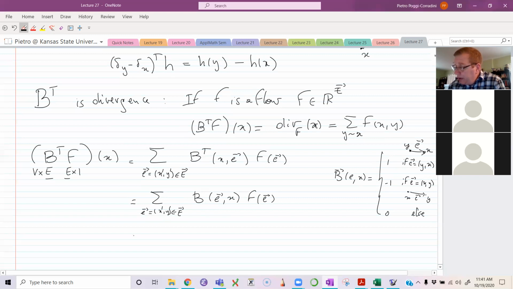So in fact, you're going to get a +1 every time it points to X, and -1 every time it comes out of X. So actually I made a mistake. There's a minus here. It's not quite the divergence, it's minus that.